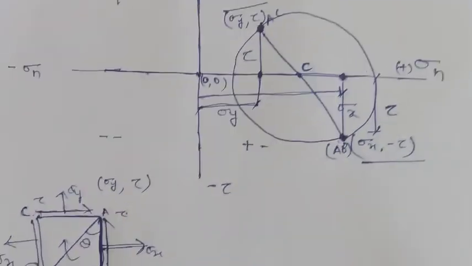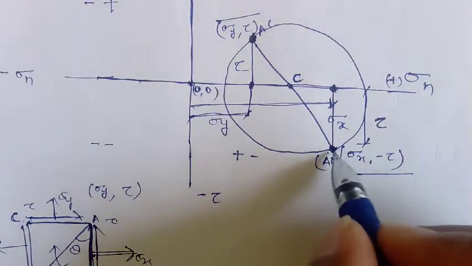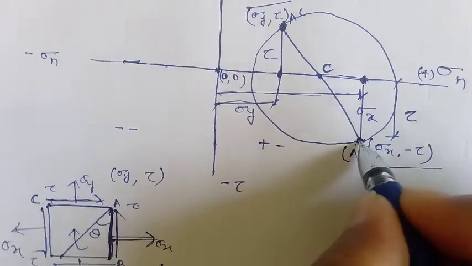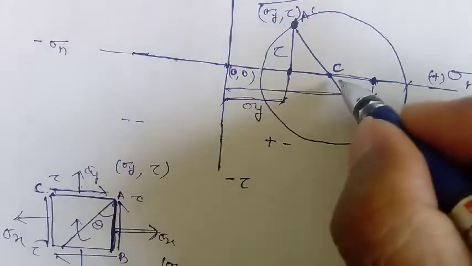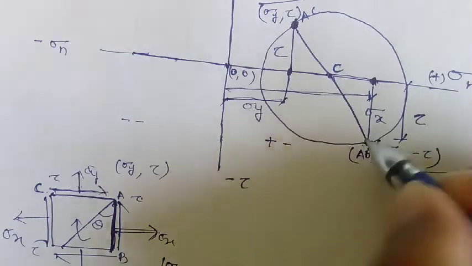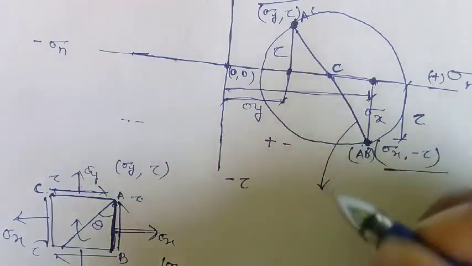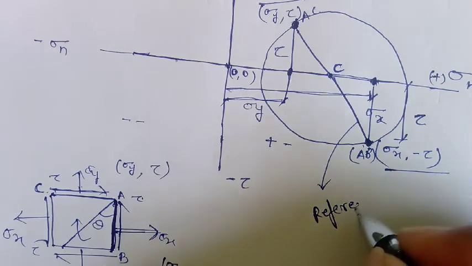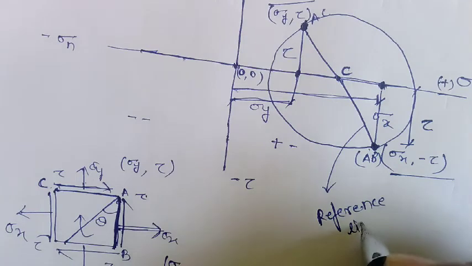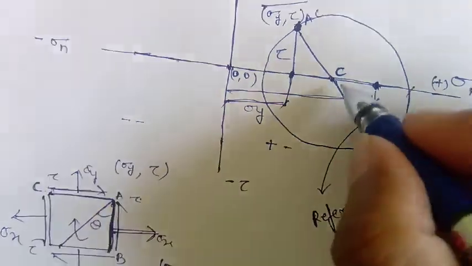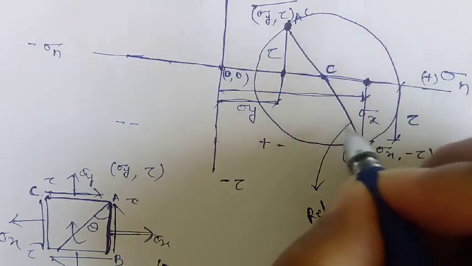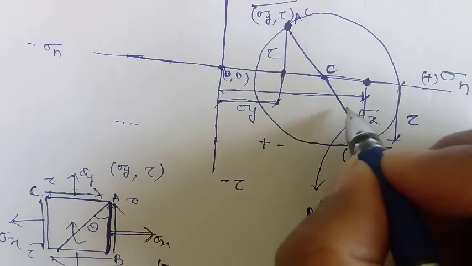Now here this is our plane AB, then from A to C this will be our reference line in the Mohr circle, and from this reference line we have to take the direction of theta.